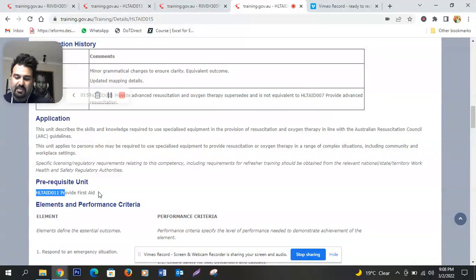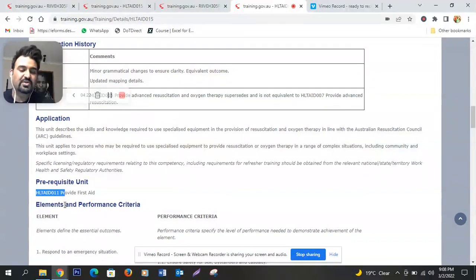So if, for example, someone rocks up, you simply ask them, hey, can you please provide me your certificate, which is the provide first aid. If they do not have the provide first aid certificate, then obviously they are ineligible. They are unable to go ahead and produce anything for that. So this is the first thing you're going to look at: the prerequisite unit.